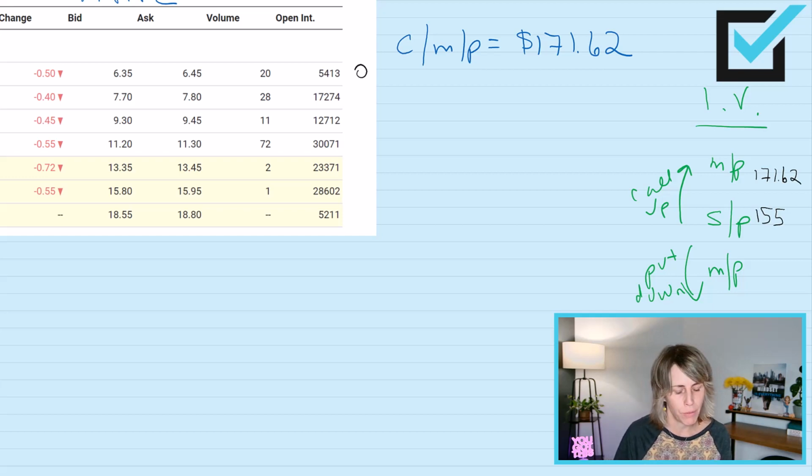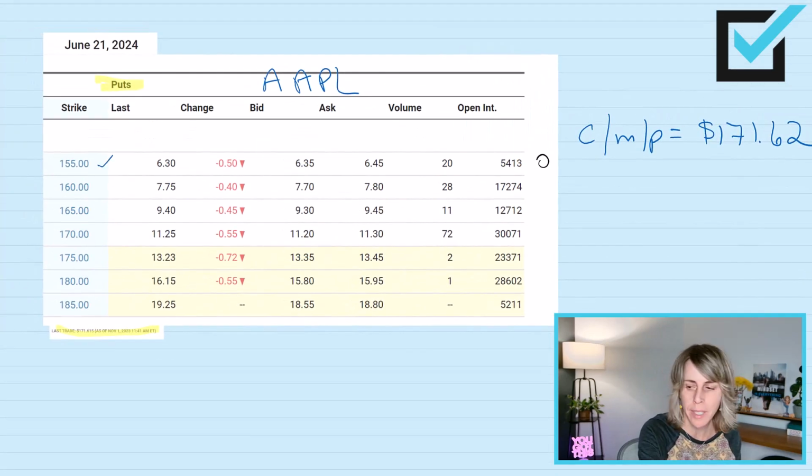We have 160, still out of the money. 165, still out of the money. 170, out of the money.